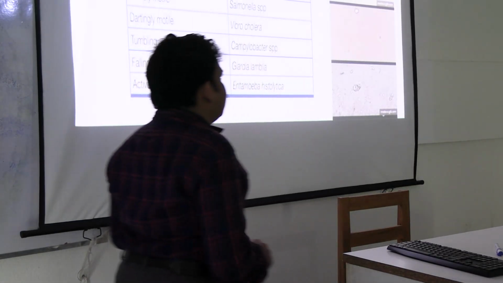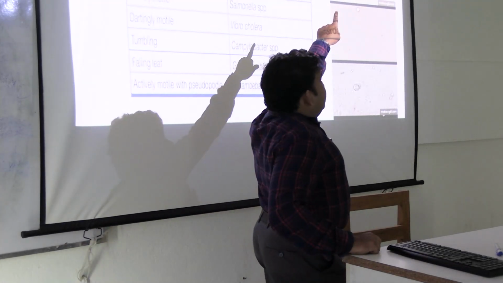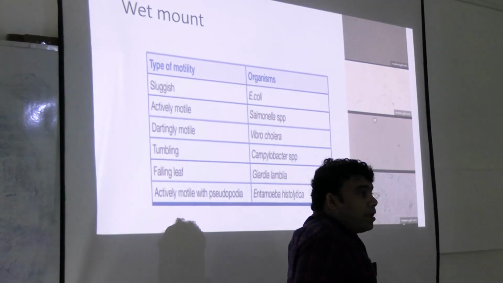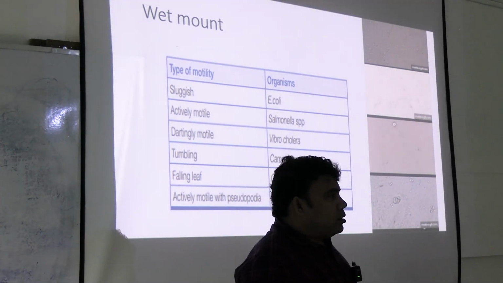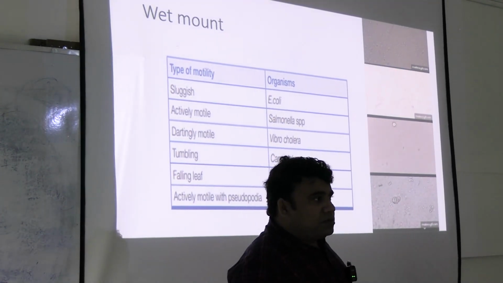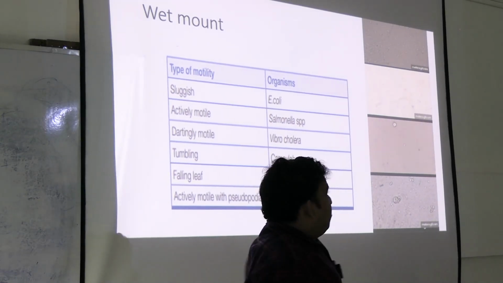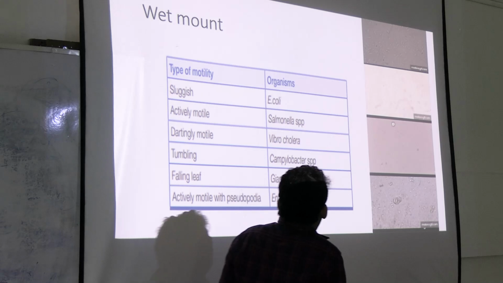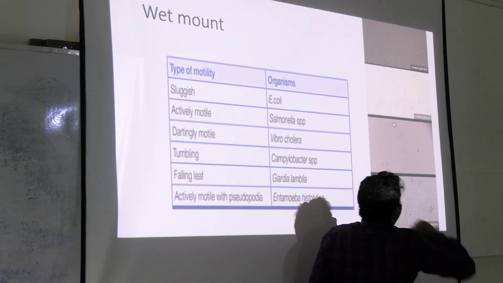The first motile structure is, look at the picture right above. It shows the sluggish motility of E. coli. Now this E. coli is normally present. It will give you no indication whatsoever. But over here, look at the second picture.